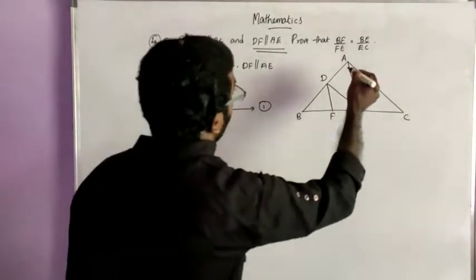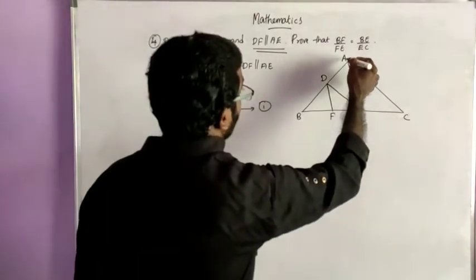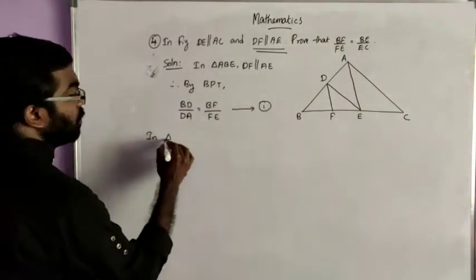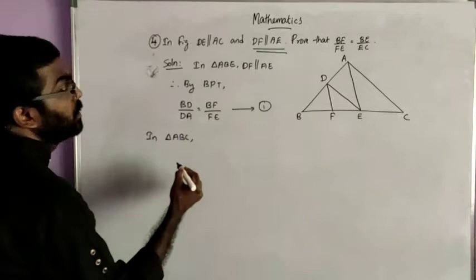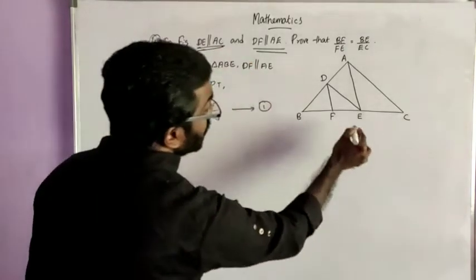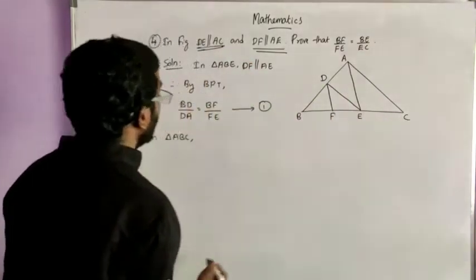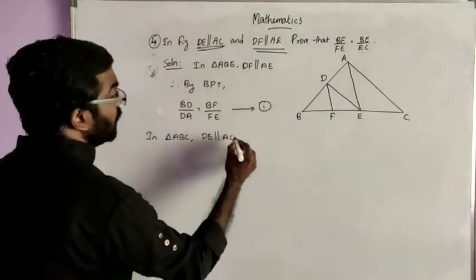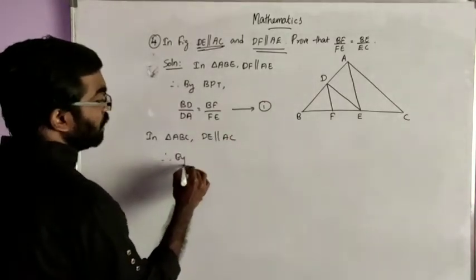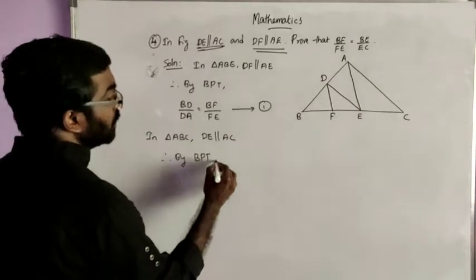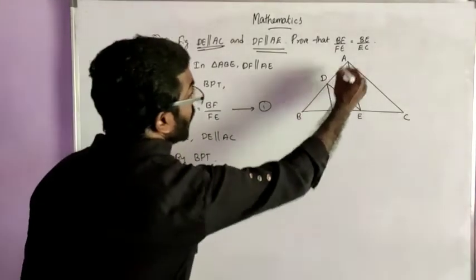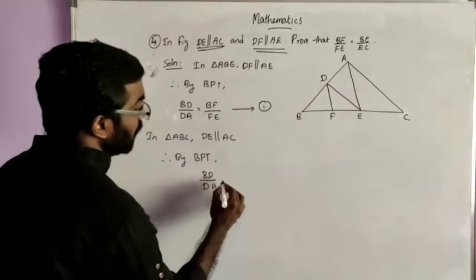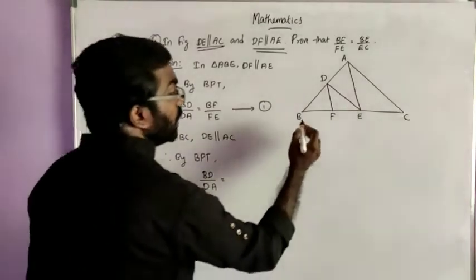Now we can take the large triangle, that is ABC. So in triangle ABC, DE is parallel to AC. Again by BPT, we can write BD by DA is equal to what?